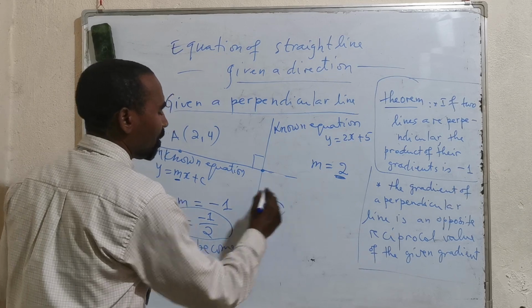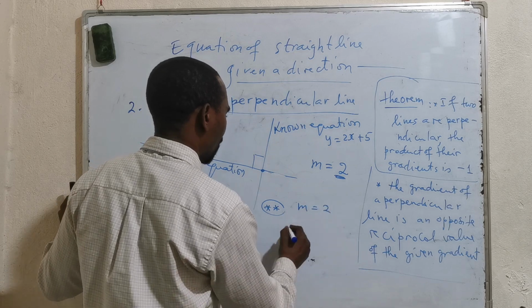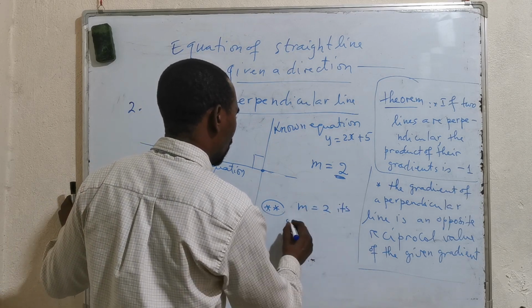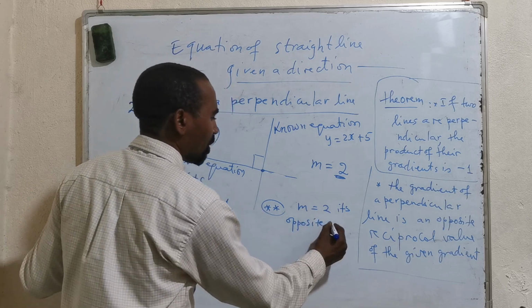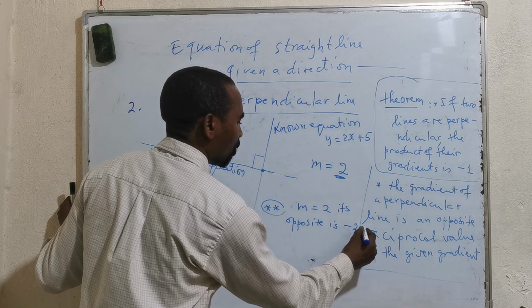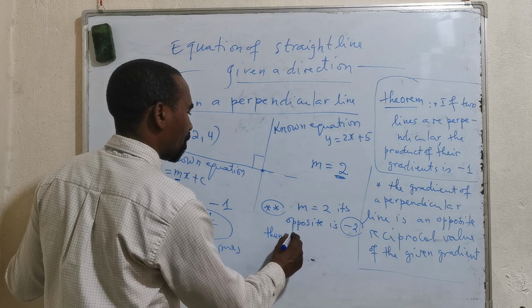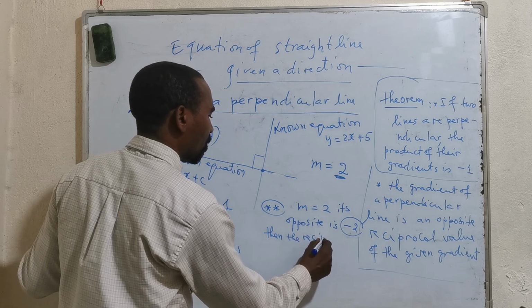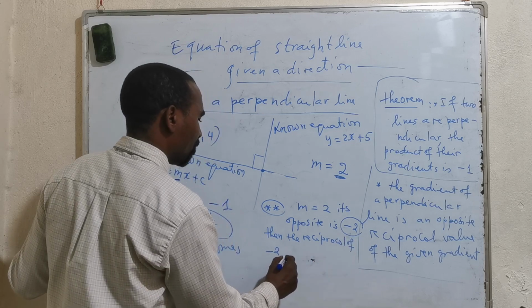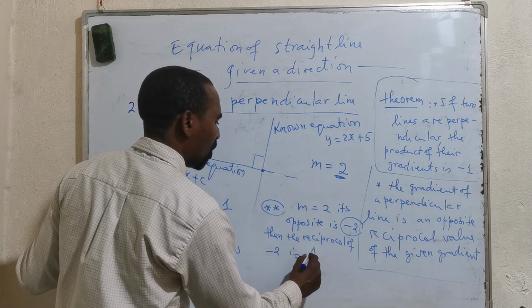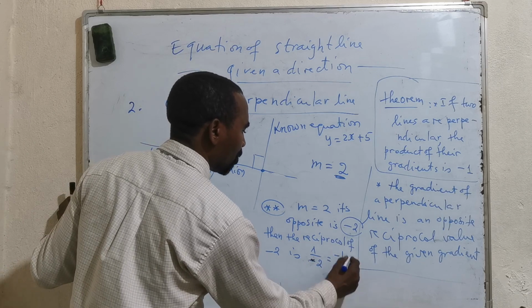Using the second theorem, the gradient is 2. Its additive opposite is -2. Then the reciprocal of -2 is 1 over -2, which is -1/2.